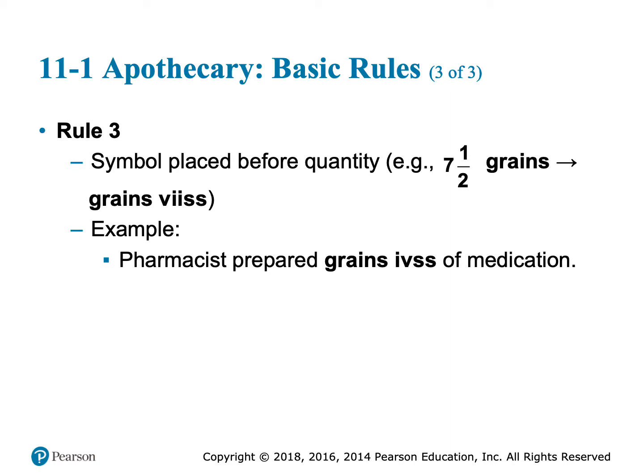It's important to remember that in the metric and household measurements, the symbol follows the quantity. For example, 25 milligrams, 3 cups, 16 1/3 pounds. But in the apothecary measurement, the symbol is placed before the quantity. It's backwards.